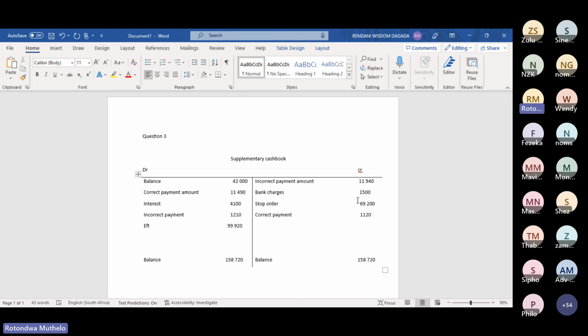So when we add those amounts together on the credit side, they give us 83,760. So the 83,760 is not 158,720. So we need to find out how much is remaining for that 83,760 to reach 158,720.